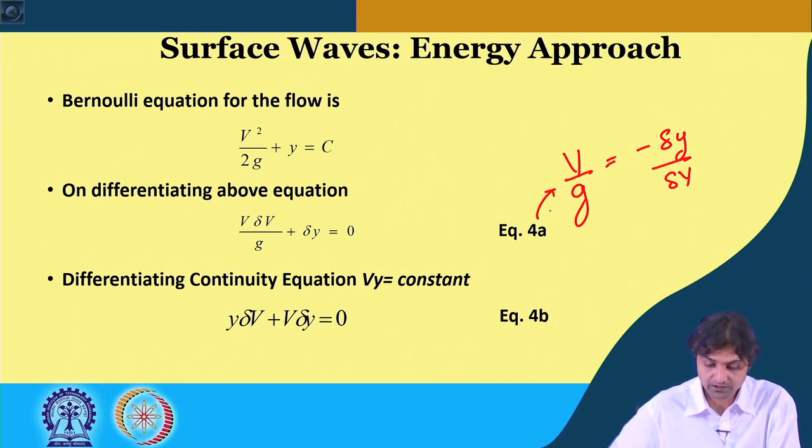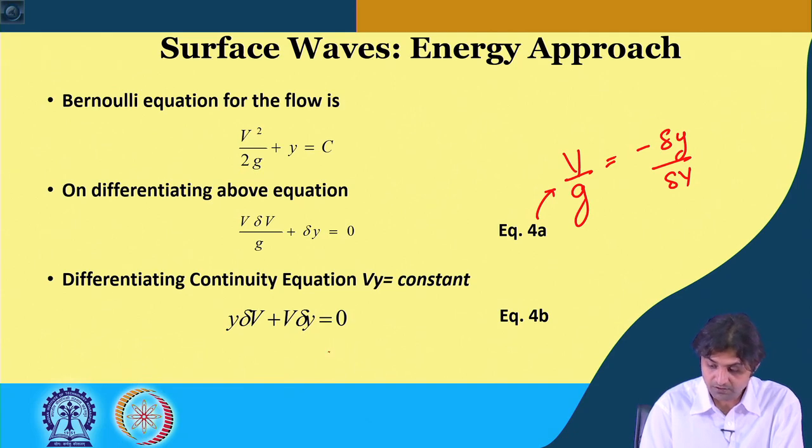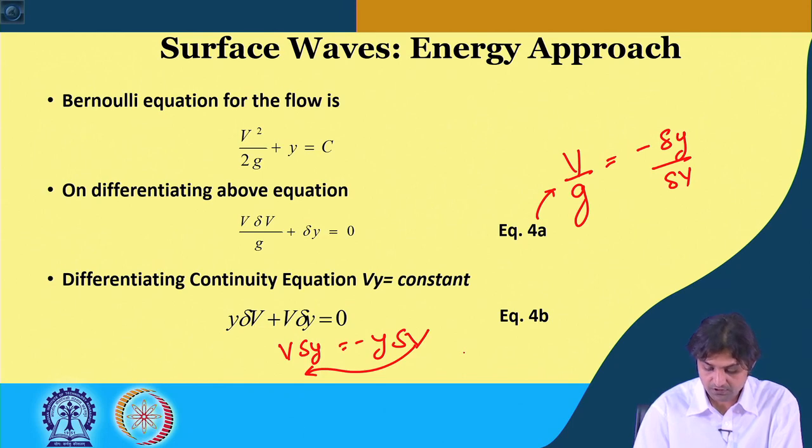And from 4b we can write v delta y is equal to minus y delta v, and if we bring this down, it becomes delta y by delta v is equal to minus y by v, and we put this one here.